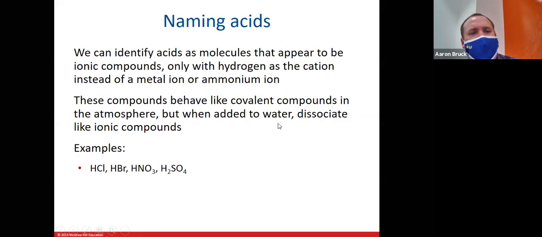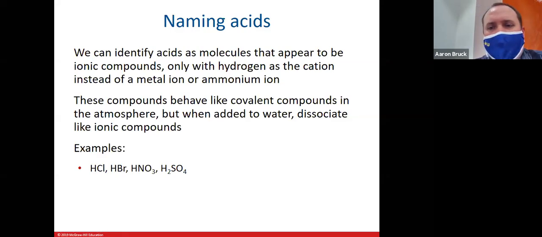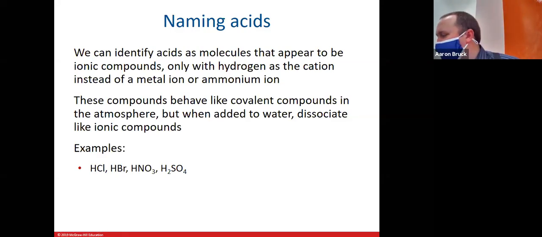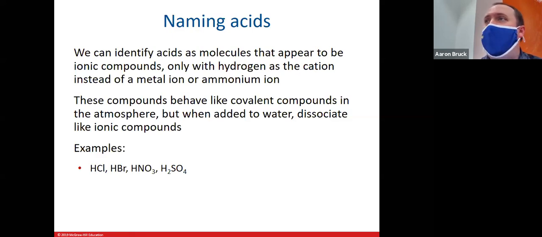Okay, let's switch gears. Let's talk about acids. Now, acids are easily identified. If we think about hydrogen as having metallic-like properties, acids look like ionic compounds, where we have hydrogen as the cation, and we've got some kind of anionic substance, some sort of non-metal or polyatomic ion, associated with it.